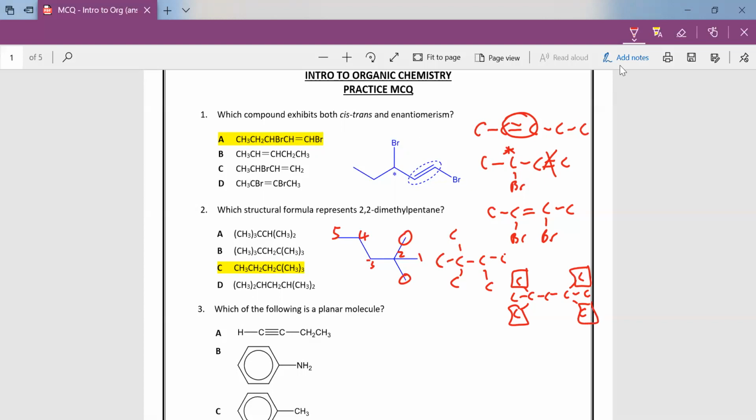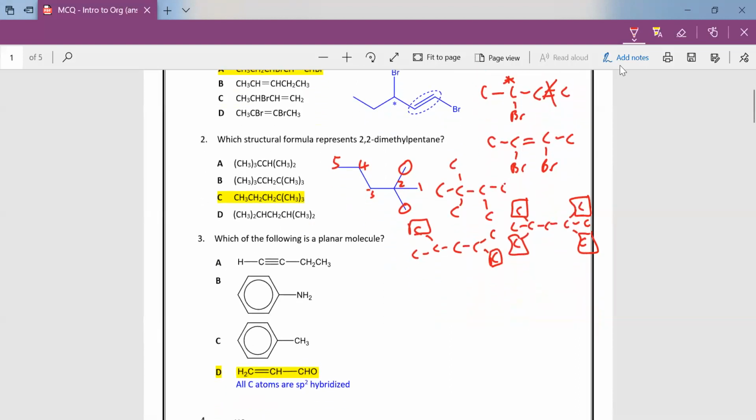And last but not least, D. The substituents are not both at the second carbon, they're at the second and fourth carbon. So D is wrong.